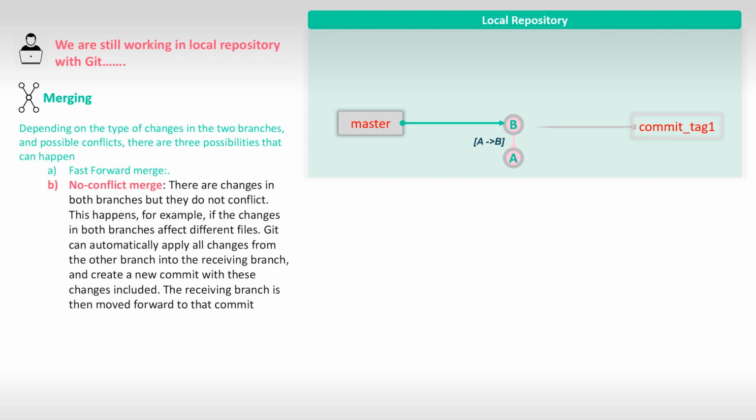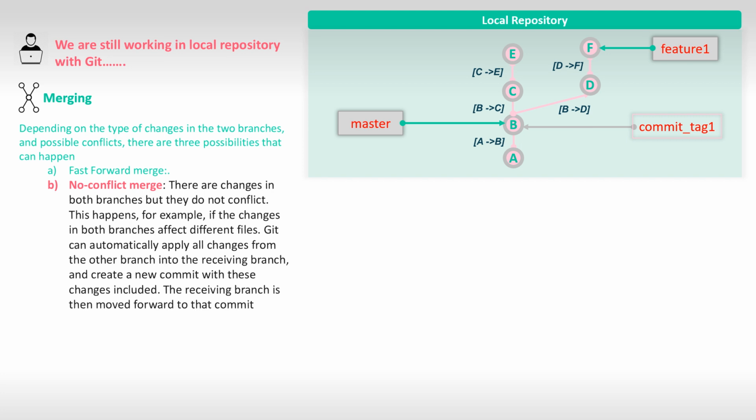Then at B we are going to take a diversion to another branch, that is feature 1. In feature 1 we have created two commits, D and F, whereas in master we have created two commits, that is C and E. This is the condition of our repository.